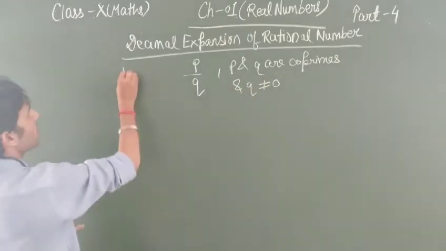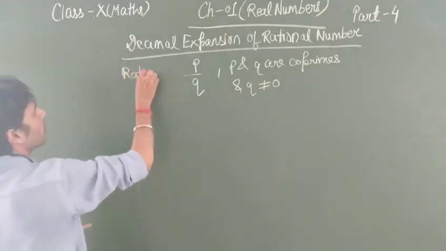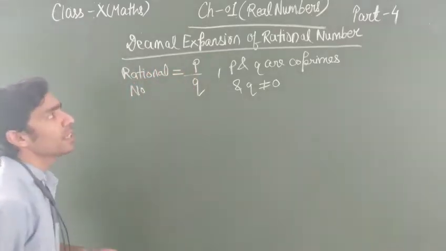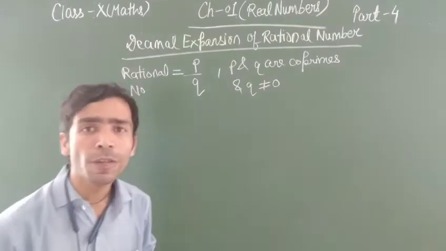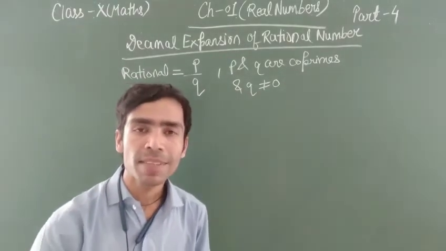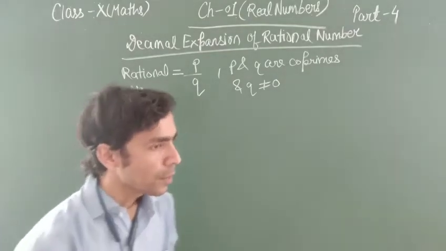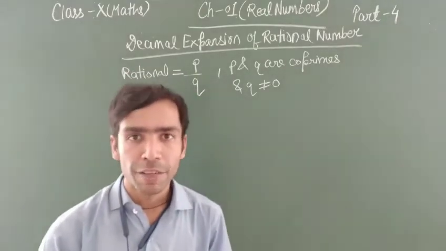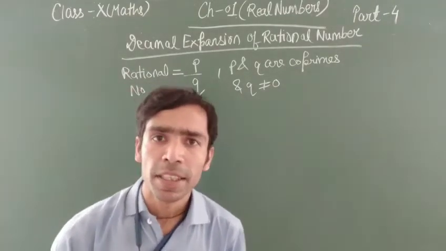It is known as a rational number. And we know the nature of the rational number: it can be terminating, and if it is not terminating, it will be repeating in nature.